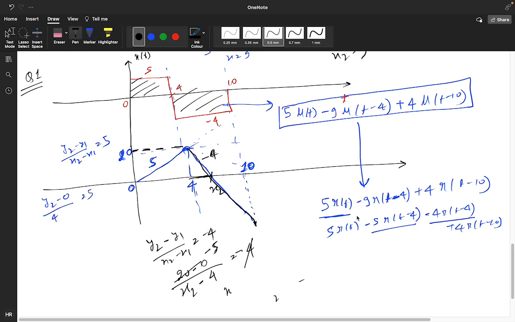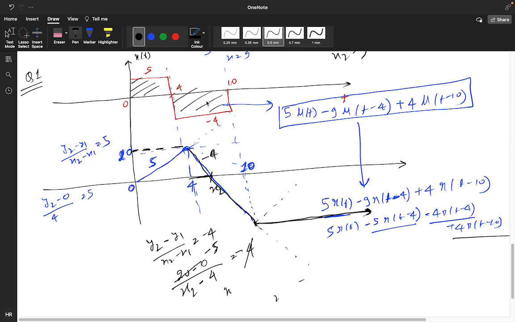After this 10th value, what's happening is we are giving the positive slope. So positive slope means at t equals minus 4, we are giving again one positive slope. So if I give one positive slope, your value will move like this.